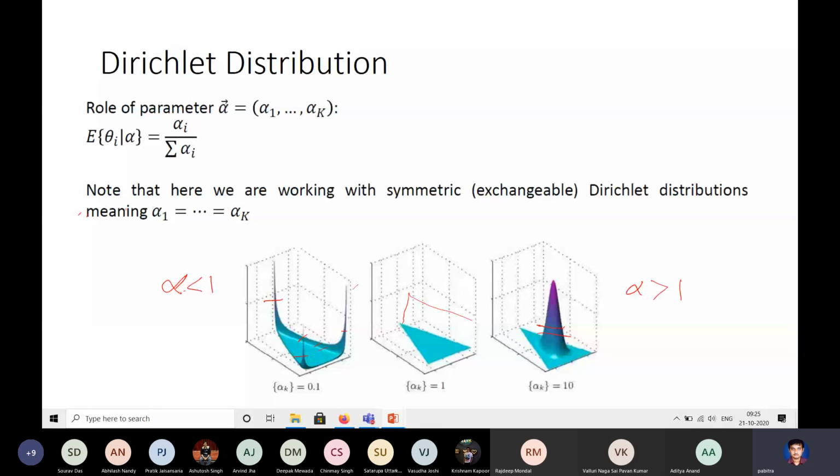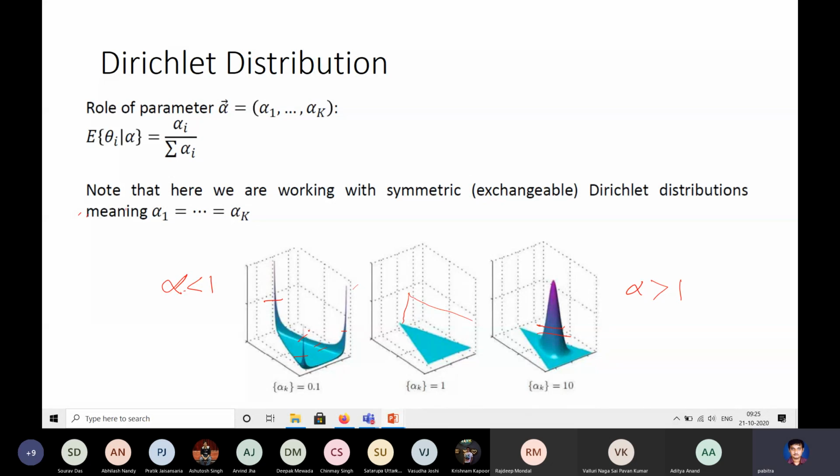And we prefer the samples in the corner of the simplex, because they represent sparse multinomials. So alpha less than 1 is the case where, if you draw samples from this, you will get sparse multinomials. Okay. Now let us look at the value of alpha.